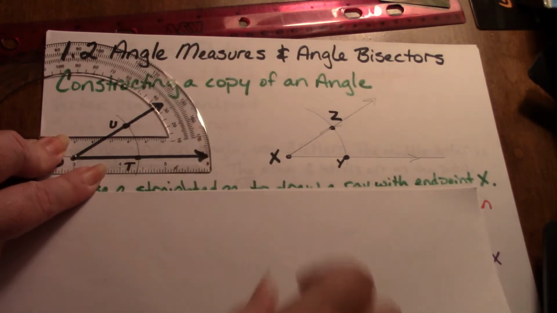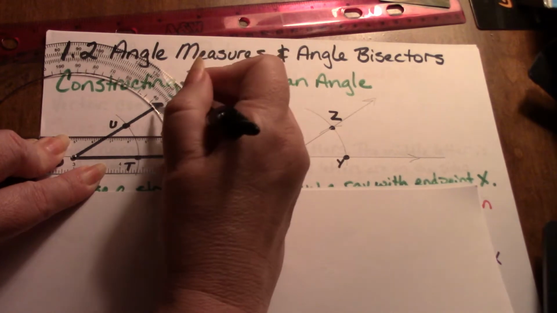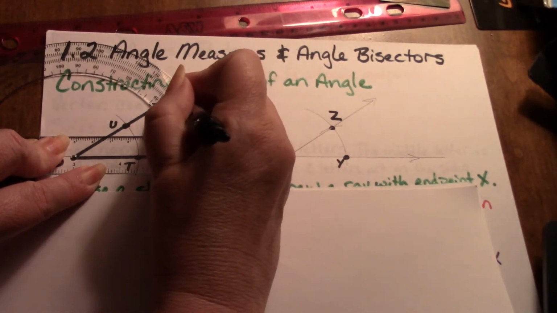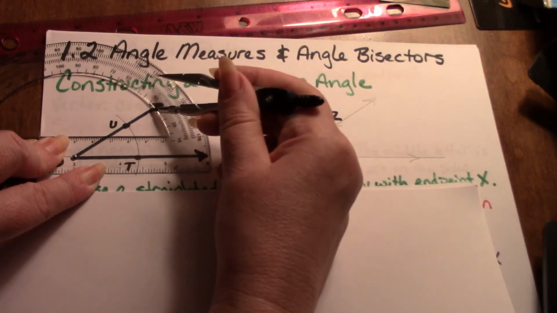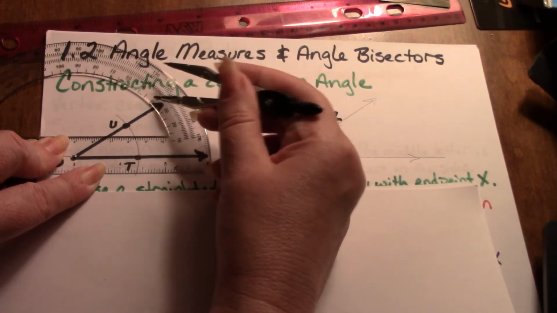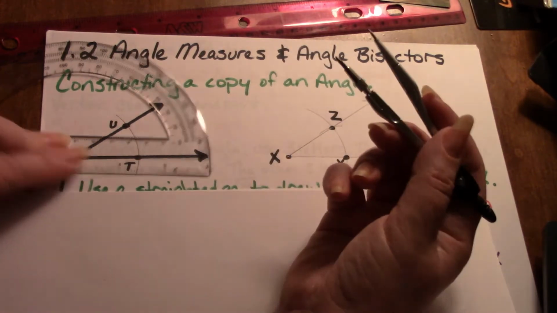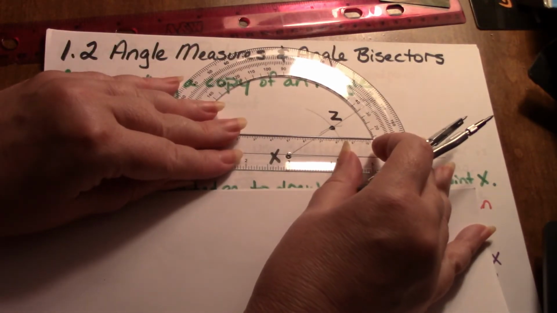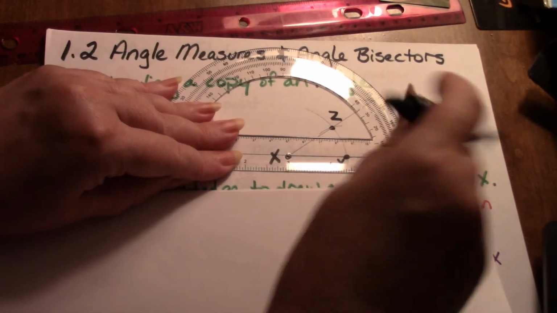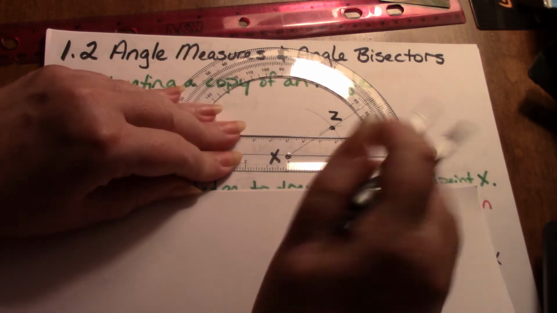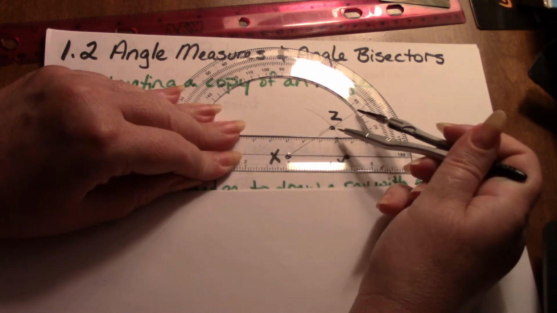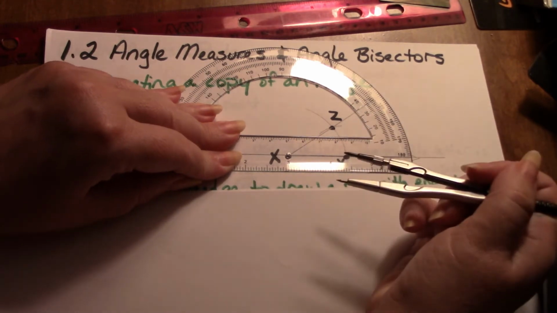And I am going to measure, counting up from 0, 10, 20, 30, it's between 30 and 40. Right in the center and lining up my baseline, and check that out, 35 degrees, just like it's supposed to be.